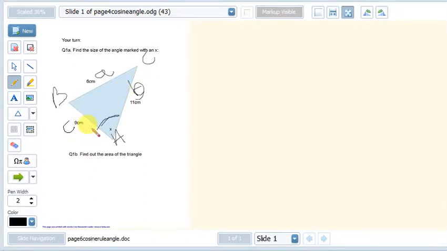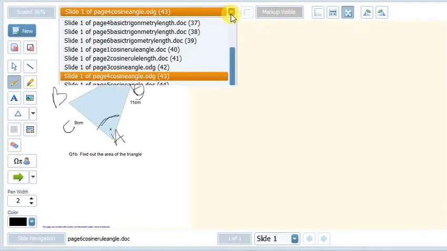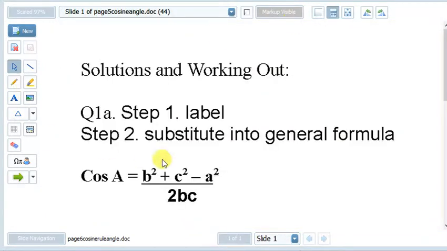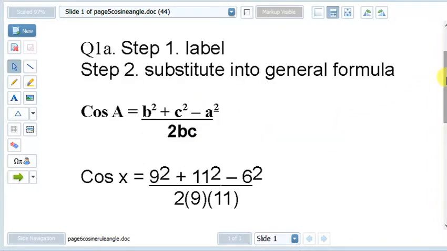Okay, so basically let's have a look at our working out now. So first step is label, and that's exactly what I've done. So we substitute our values into the general formula, so that's cosine of A equals b squared plus c squared minus a squared, and that's all over 2bc.